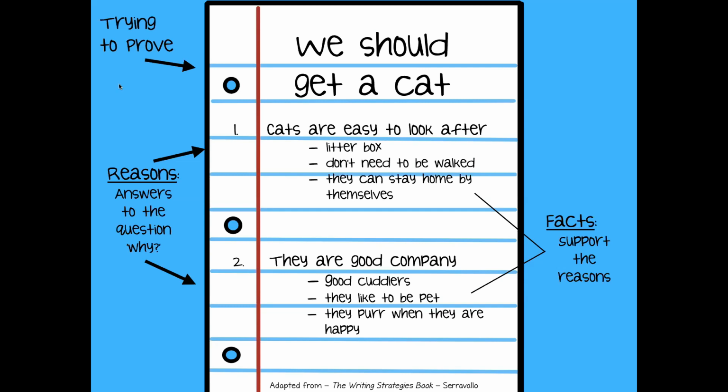And the reasons are answers to the question why. So that's an easy way for our students to think about it if it's an answer to the question why. And then, of course, having those facts that support the reasons. So this is, as I mentioned, an easy way to do that.